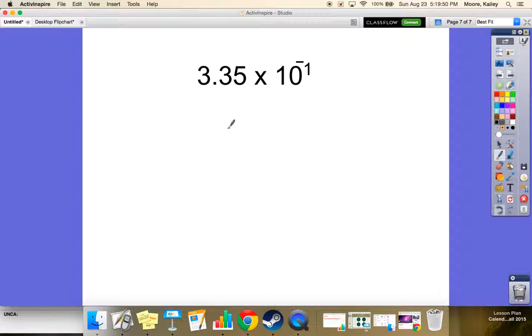So what you're going to do is you're going to write your number out, 0.35, and because this is a negative exponent, we're going to move it to the left. So we're going to take this guy, we're going to put him over here. So what this becomes is 0.335. And you have to put the 0 in front so that it's normal.